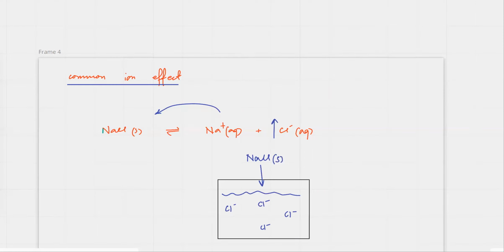The solubility would decrease. So I'm just going to write this: the solution already has a common ion. So equilibrium shifts backwards.